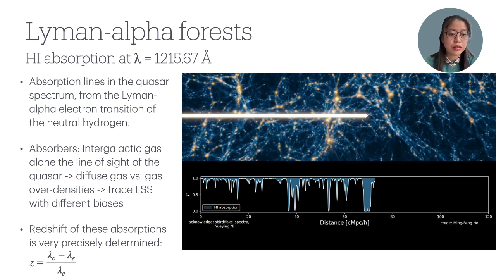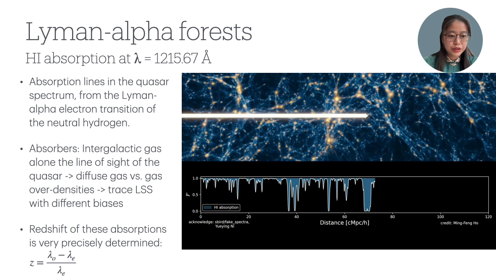Lyman-alpha forests are absorption lines in the quasar spectrum arising from the Lyman-alpha electron transition of neutral hydrogen. The absorbers are typically intergalactic gas along the line of sight of the quasar. They can be diffuse gas living in the intergalactic medium or gas overdensities arising from, for example, big galaxy clusters.